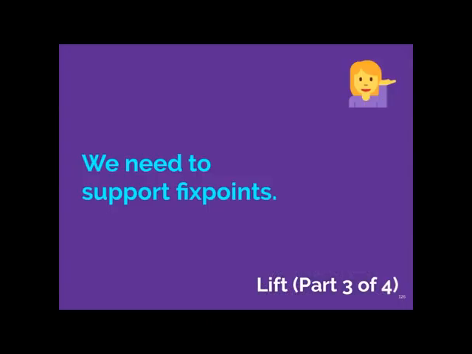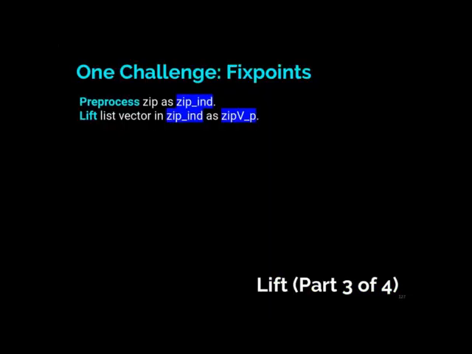The zip function that we saw at the beginning is a fixed point, and we don't actually lift fixed points directly. What we do is we lift eliminators instead. We lift applications of these induction principles. So we have this preprocess command, which is implemented by Nate Yazdani, which automatically translates certain fixed points and match statements to eliminators so that we can call lift normally.